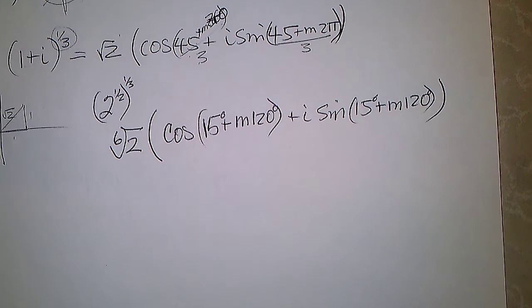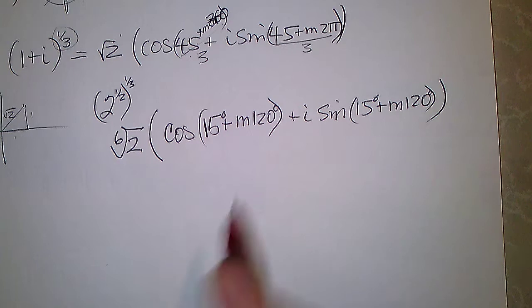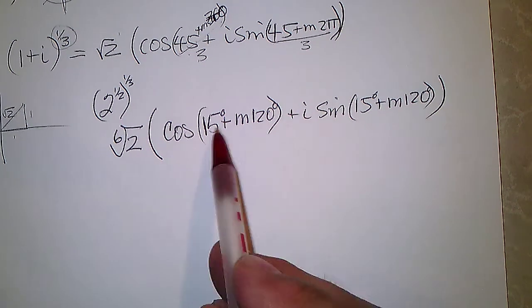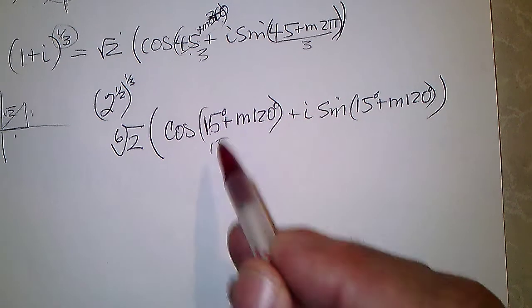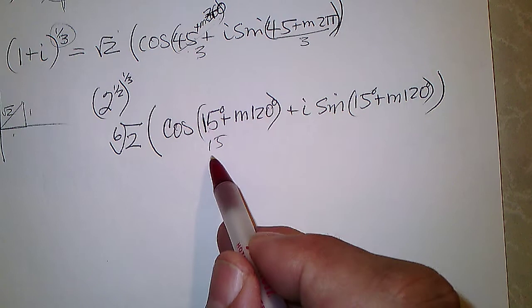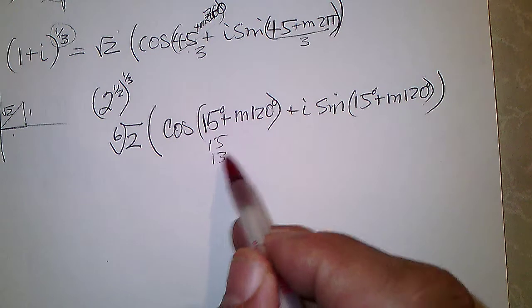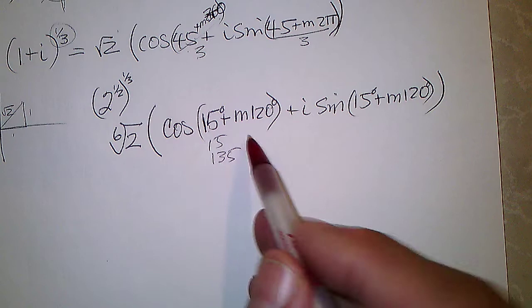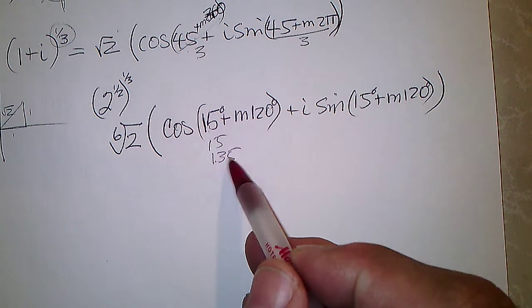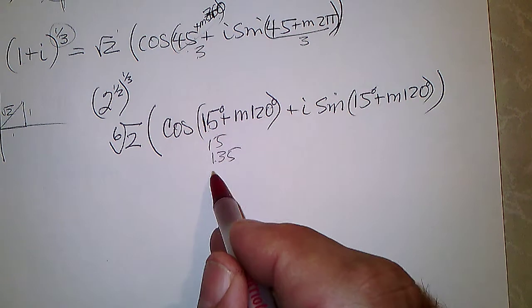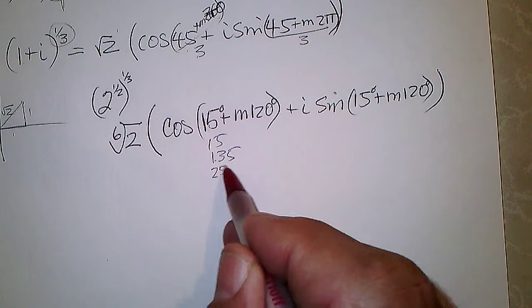Okay. So our answer for this is going to be, well, we can use 15. 15 plus 120 is 135, and 135 plus 120 is 255.